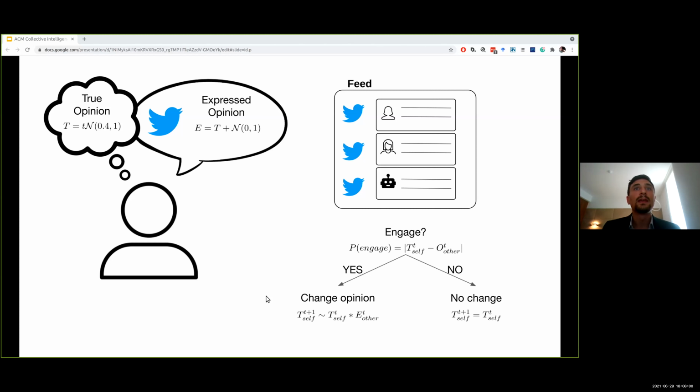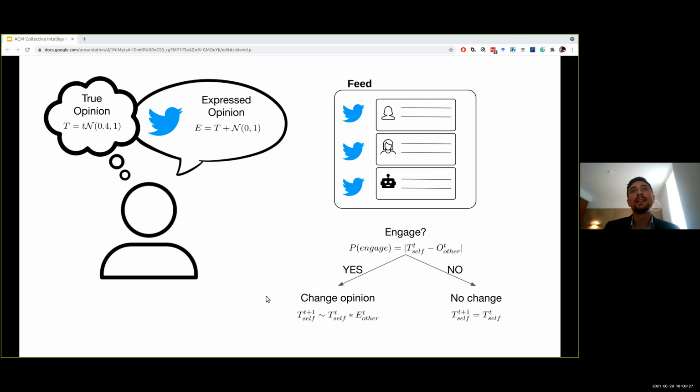And if the agent decides to engage with the content, then it is influenced by it. And the agent in our simulation updates their current opinion based on this content. And we use a Bayesian update rule, to basically test the limit case of what would happen if we had all perfectly rational agents.